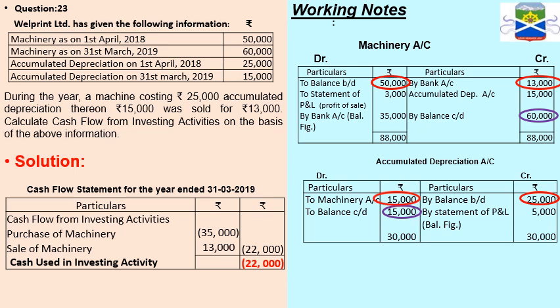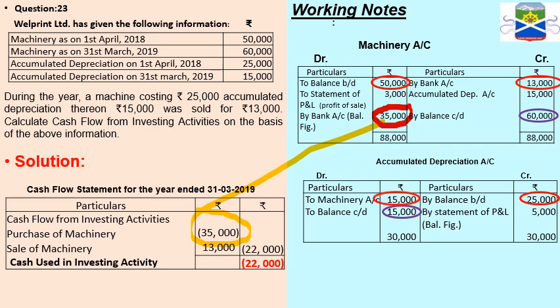Now since we have calculated the purchase, we have 35,000 that we have purchased. So this 35,000 will come over here as purchase 35,000. And then the sales is already there in the question, 13,000, so we subtract it.